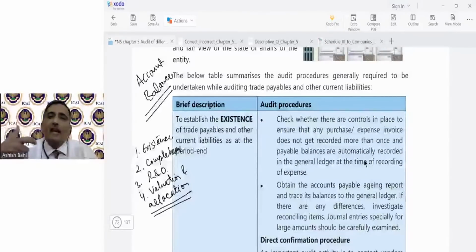Like we send confirmation requests to the trade receivables, similarly, we send requests to the trade payables. So what is it going to prove? It would prove that the trade payables are in fact in existence, that these are not fake.